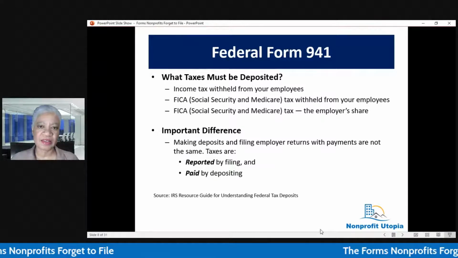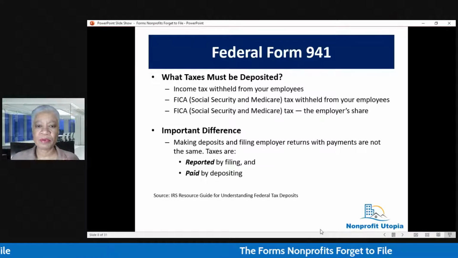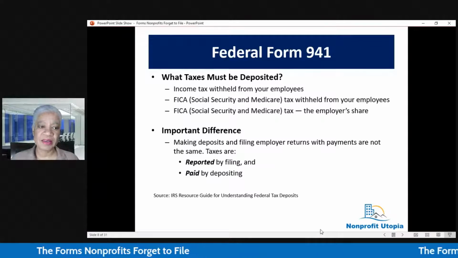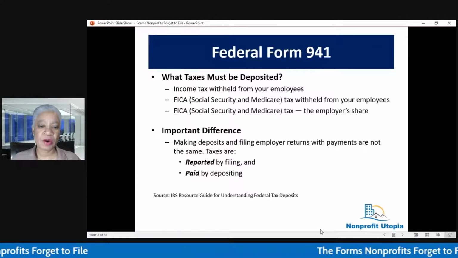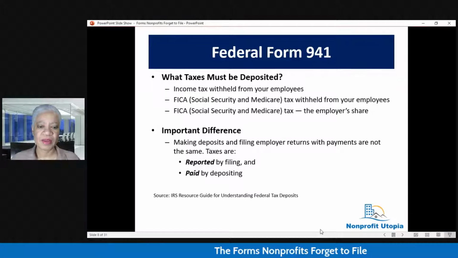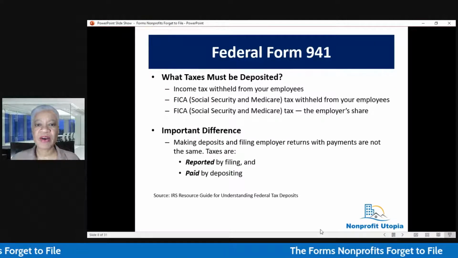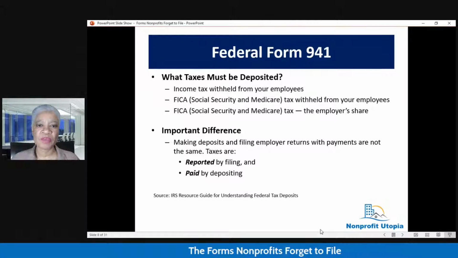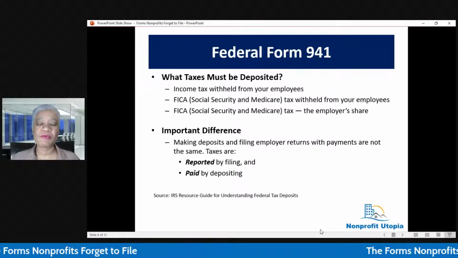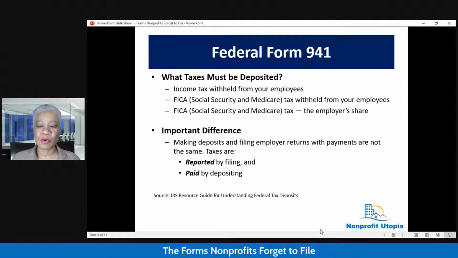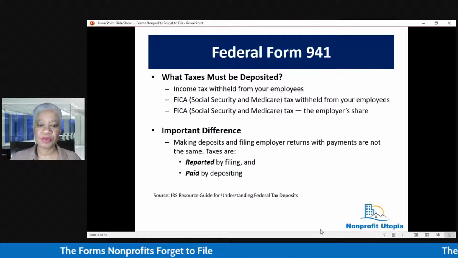So there's three sections, that which you withhold from the employee, and then the employer's withholding, and then the employer's share for Social Security. All right, so you also need to make sure that there is a difference in your responsibility to file and your responsibility to pay. You're responsible for doing both, and you're liable for penalties and interest in the event that you don't report and in the event that you don't file.